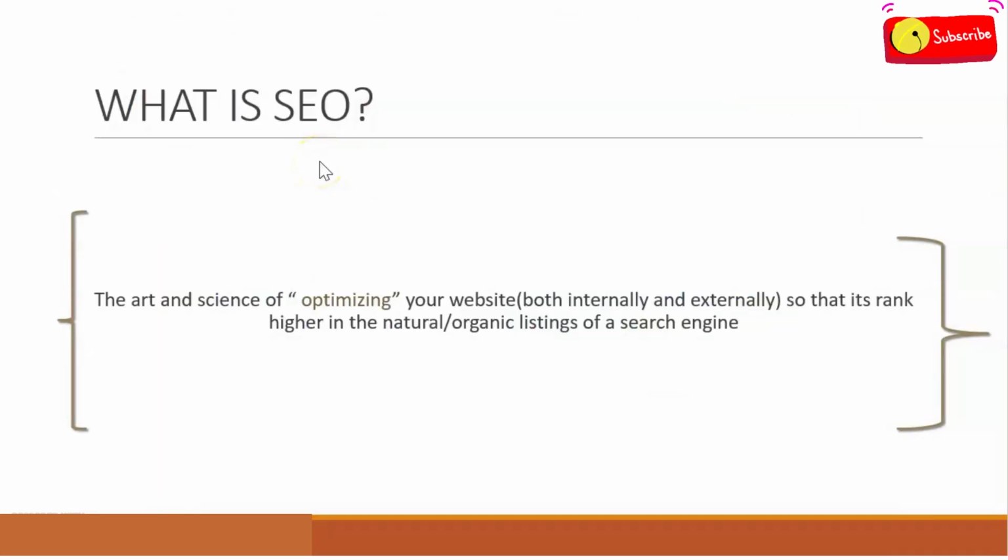Next, what is SEO? SEO, as we already told you, is search engine optimization. It's an art and the science of optimizing your website both internally and externally so that it ranks higher in the natural or organic listing of a search engine. First of all, if you are doing SEO for your site, it's not possible that within a day or within some hours you can rank your website.